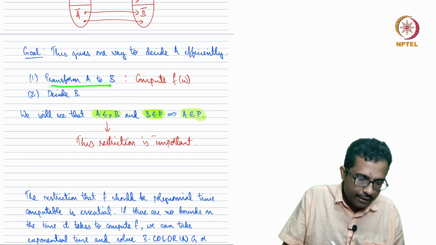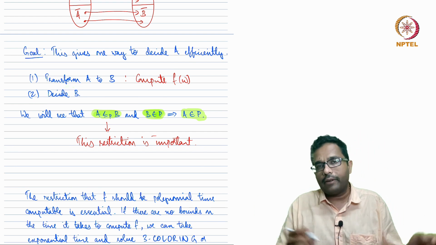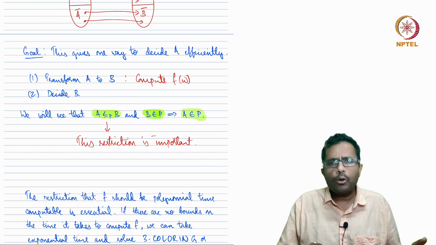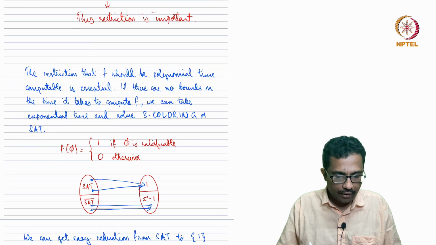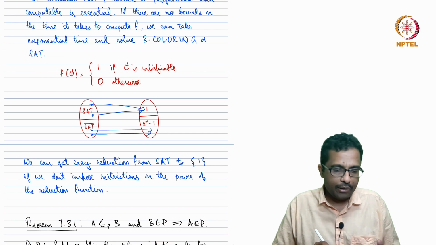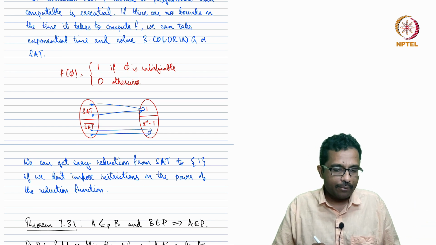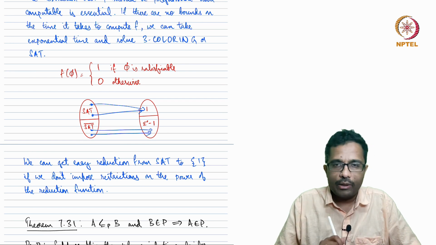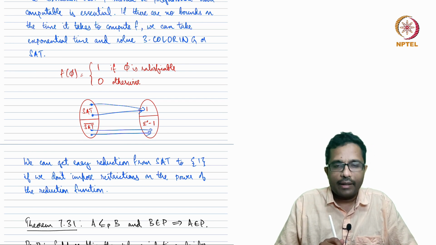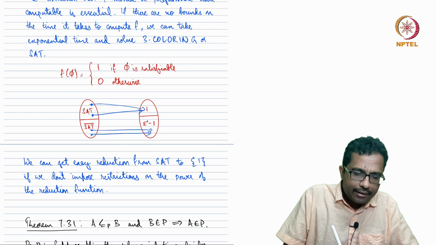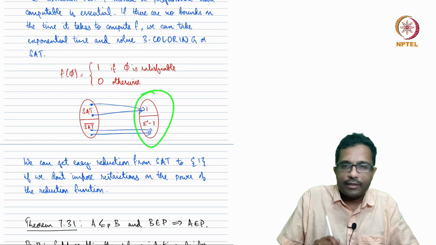Now if this transformation is not efficient, if I am allowed infinite time, then the whole thing is not really meaningful. So like we have here, if I am not restricted in the time, I could easily compute the reduction from SAT to some trivial language like 1 and 0, and it's easy to decide between 1 and 0.